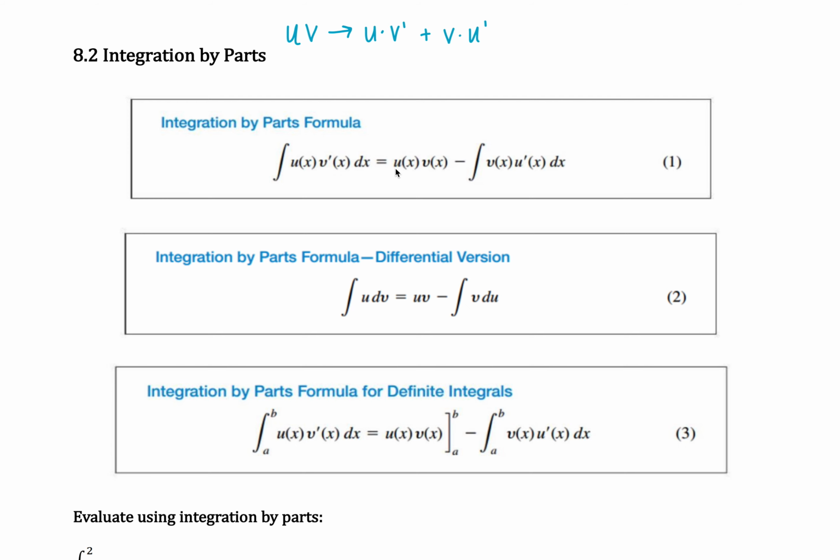That can be written as u of x times v of x minus the integral of v of x times u prime of x dx. That's very, very wordy. So many times it'll be written in differential version. If you're asked to integrate u dv, you can rewrite that as uv minus the integral of v du.